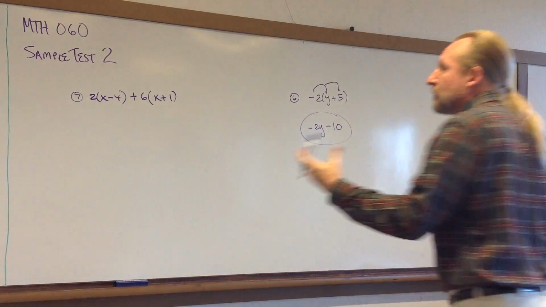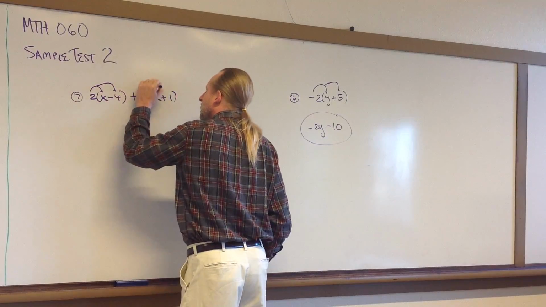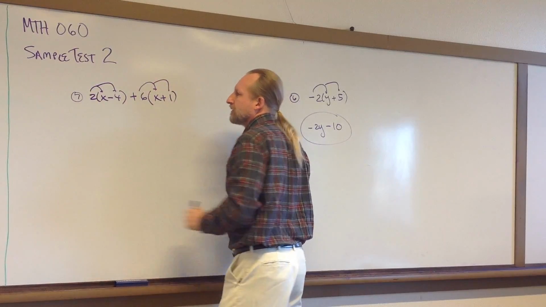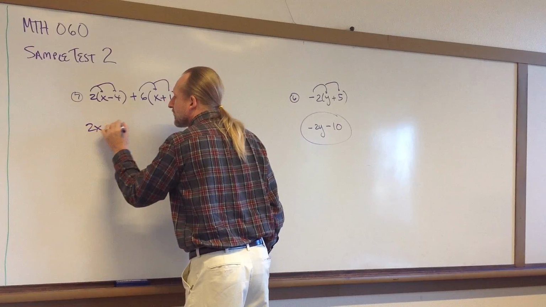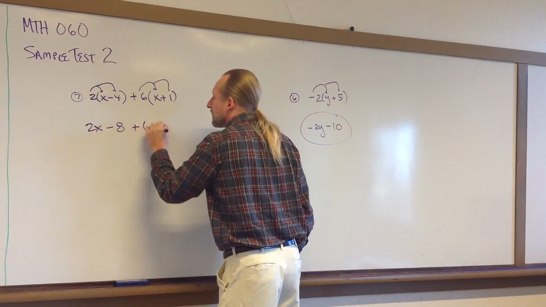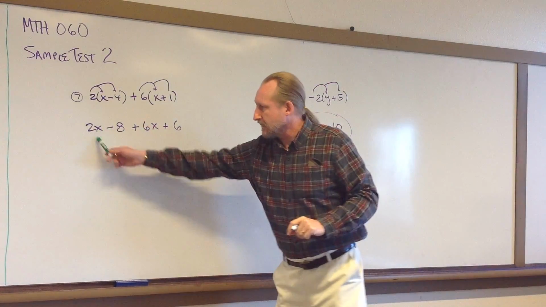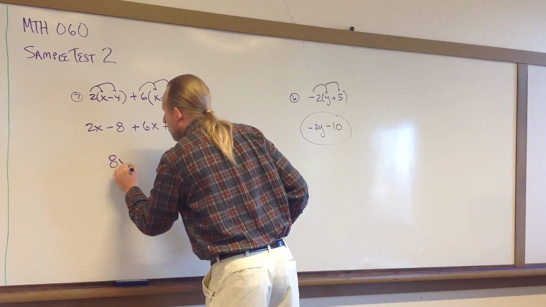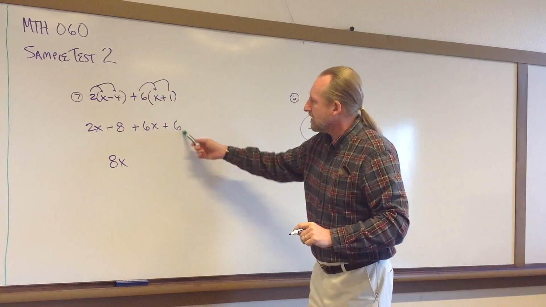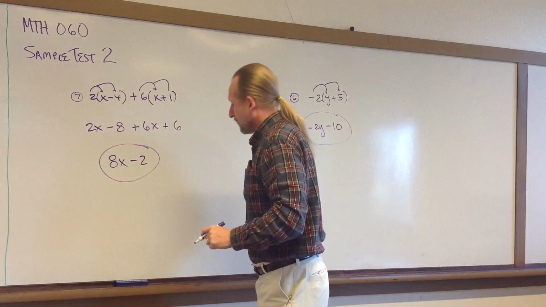Okay, so in this one we have to distribute both the 2 into the parentheses and then this 6 into these parentheses. So this will be 2x minus 8, and then this one will be plus 6x plus 6. So we've got a 6x and a 2x, that makes 8x, and the minus 8 and the positive 6 together, those make negative 2.